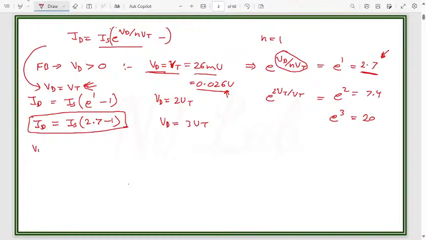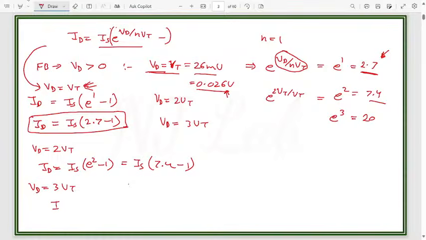Now when Vd is equal to twice Vt, Id will become Is into e power 2 minus 1. E power 2 is 7.4, so this will become Is into 7.4 minus 1. For Vd equal to 3 Vt, our Id will become Is into e power 3 minus 1, so it will be Is into 20 minus 1.